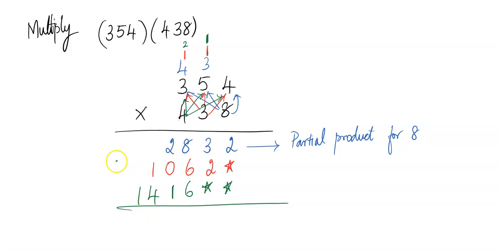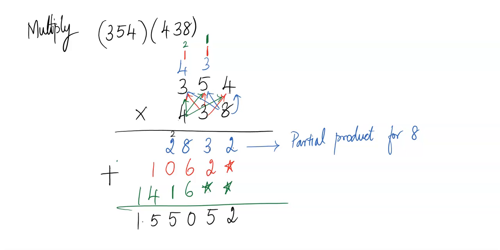Alright, now we are supposed to add them. So the 2 comes down as it is. Here 3 and the 2 will add. There's nothing to add here. So 3 plus 2 is 5. 8 plus 6 is 14. 14 plus 6 is 20. The 0, carry over a 2. 2 plus 2 is 4, plus 1, 5. 4 plus 1, this column is 5 and a 1.